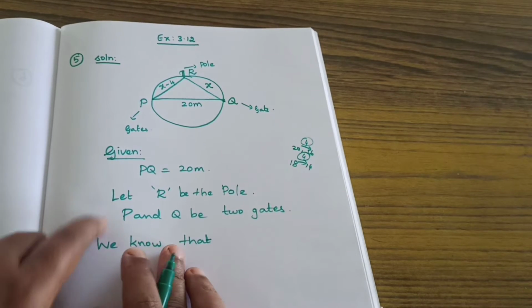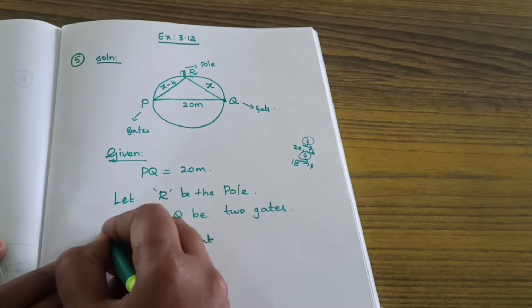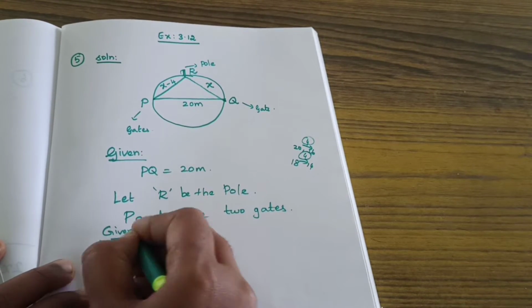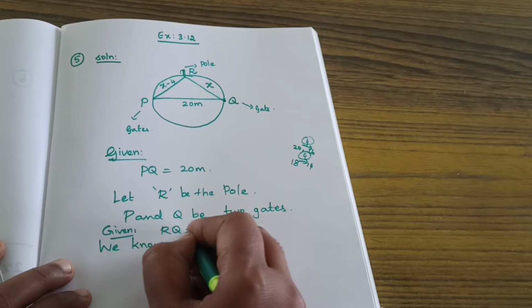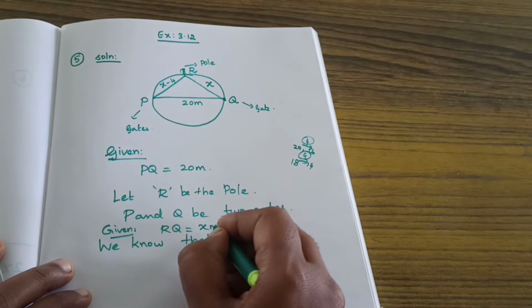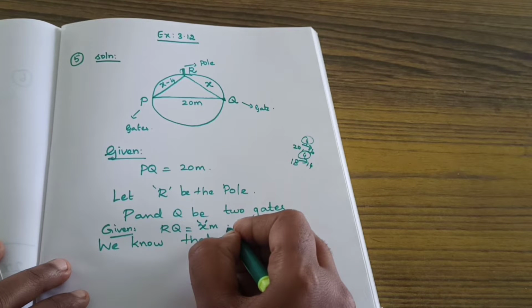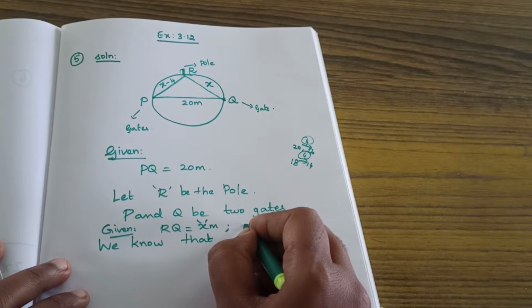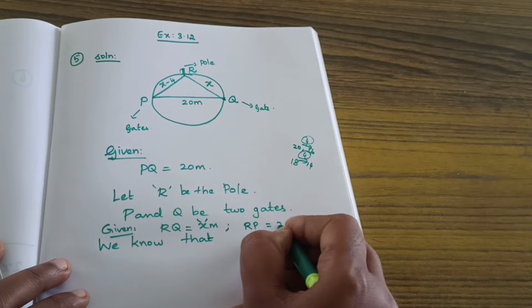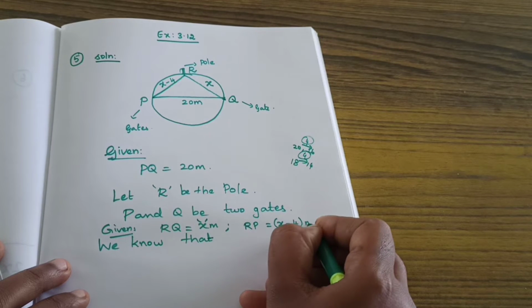Before that, we need to write here, given RQ equal to x meters, therefore RP equal to x minus 4 meters according to the given value.